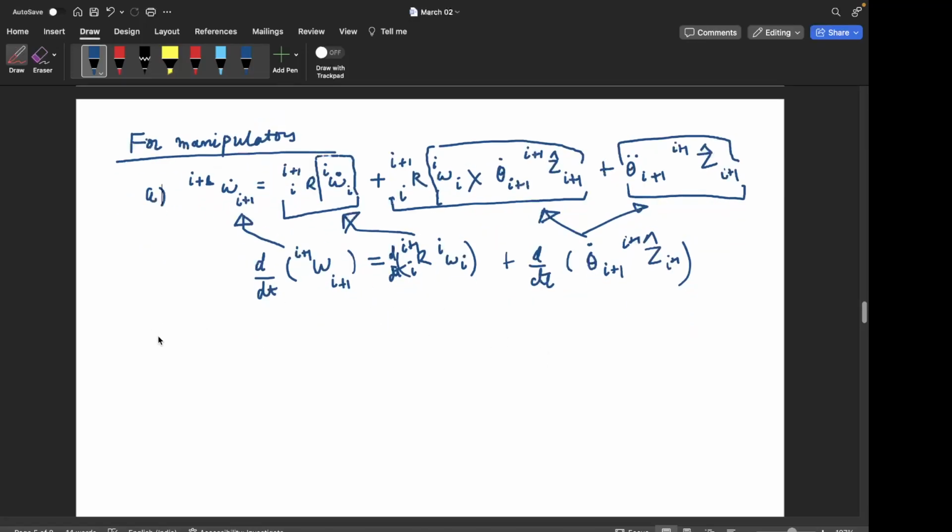All right, now the linear part. Acceleration of the origin of the I plus 1th frame expressed in the I plus 1th frame is, with this transformation as usual, and inside it, first will be the alpha cross r kind of term.